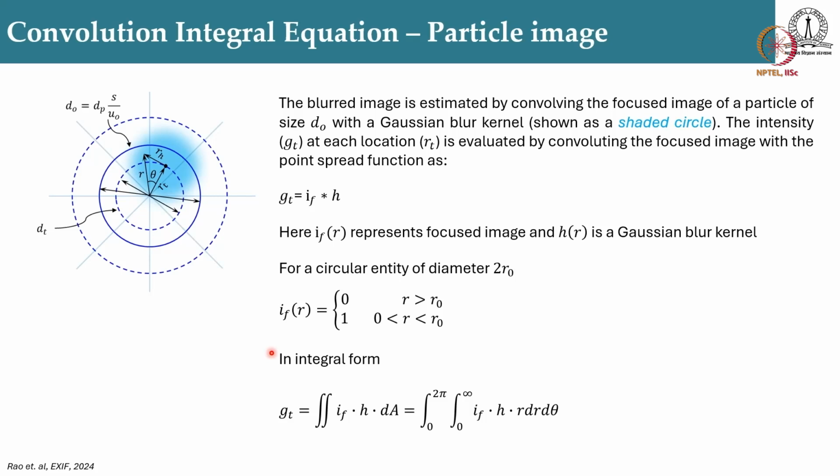As it is a circular particle, it is easier to choose a polar coordinate system. And in that system, when the radius is less than the radius of the particle, that is r naught, then we assign a value of 1. And for the rest of the image, we assign a value of 0, which is an illustration of the background.